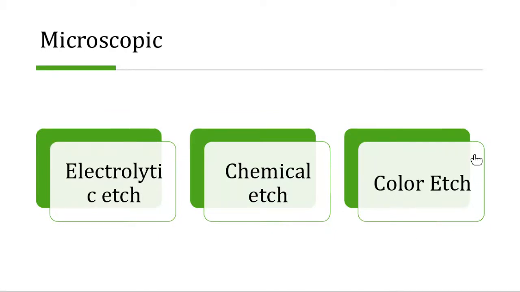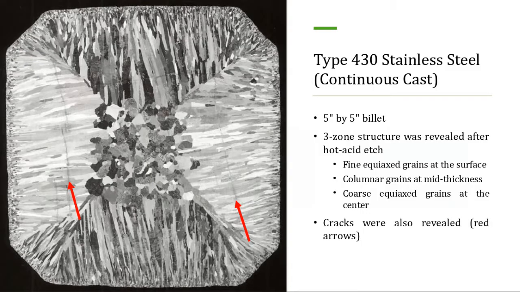And this is where you're really going to be interested in what phases are present. Going back to the macro, you're not really interested in what phases are here versus here or here. At this moment, you just want to see what the grain structure looks like, what the flow lines are indicating. Are there cracks? Those are some of the reasons why you would do a macro etch.